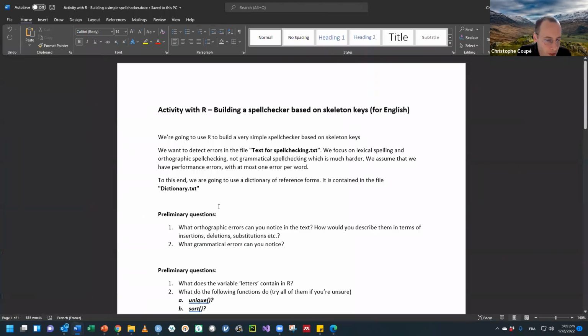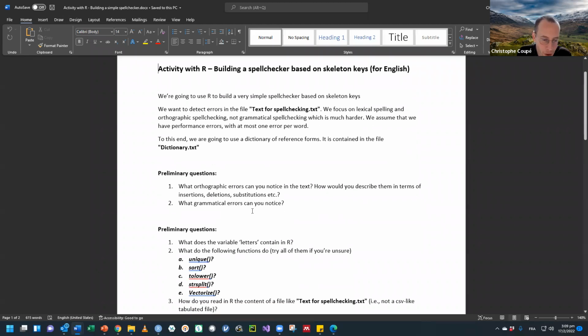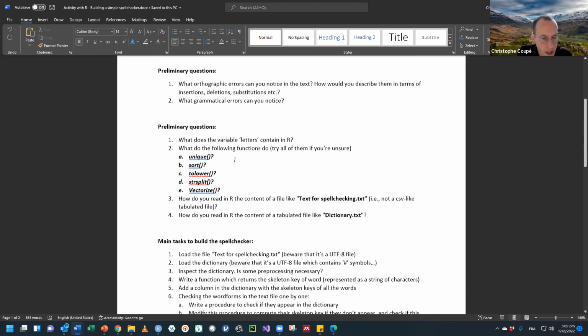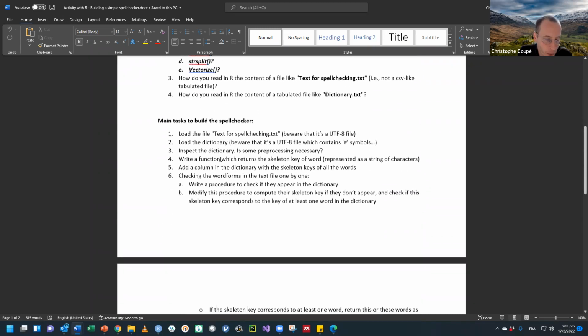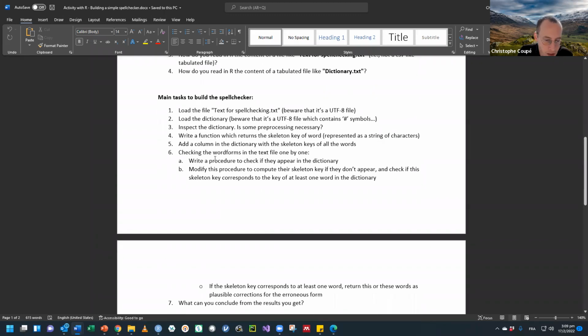What we tried to do yesterday is build a very simple spell checker based on skeleton keys, one of the key approaches we had seen together during the lecture on Tuesday. So we covered a number of functions, and then we were basically building the components of this simple analyzer.